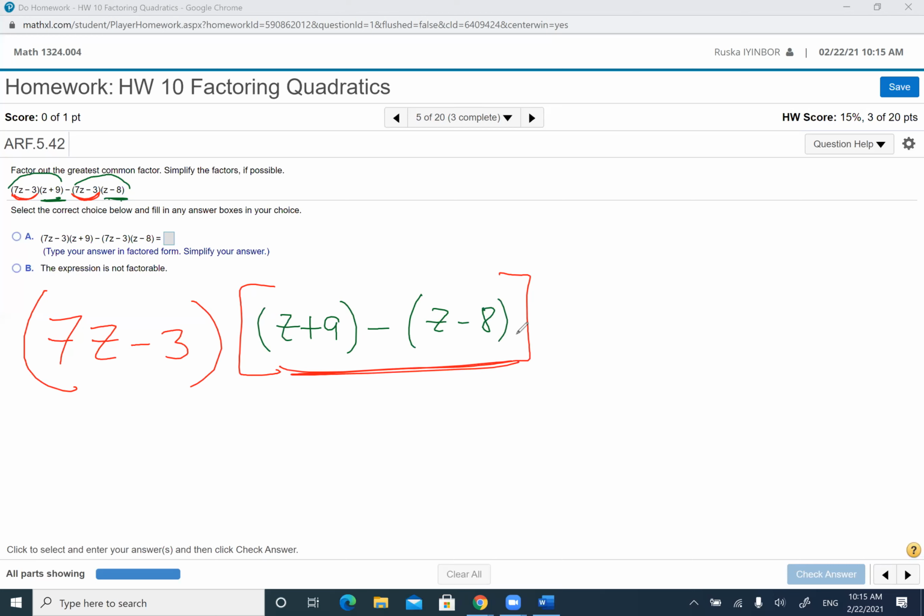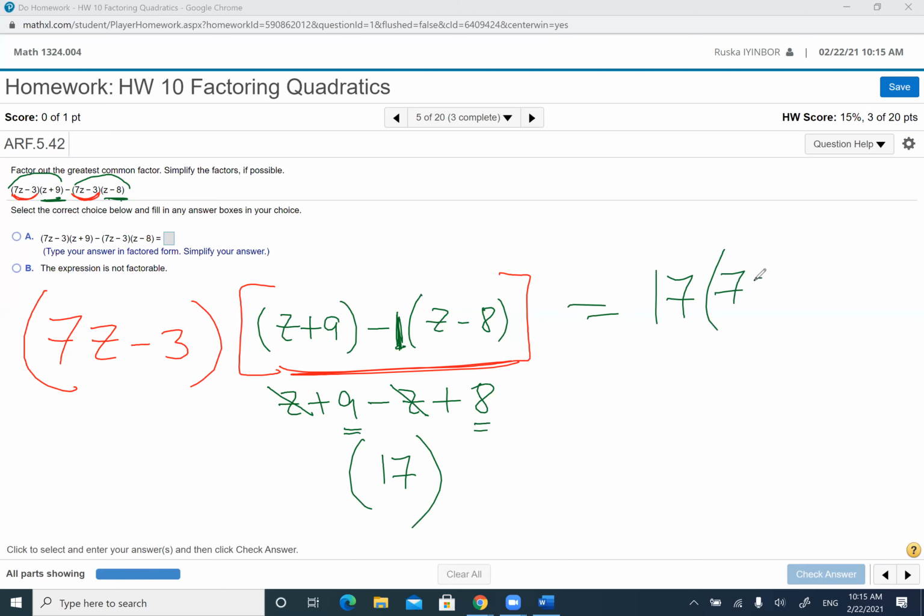We're going to take off the parentheses, so it's going to be z plus 9. Again, careful with this negative. Minus z plus 8. Now z and z cancel, right? Because z minus z is 0. And I have 9 plus 8 is 17. So my answer is 17.